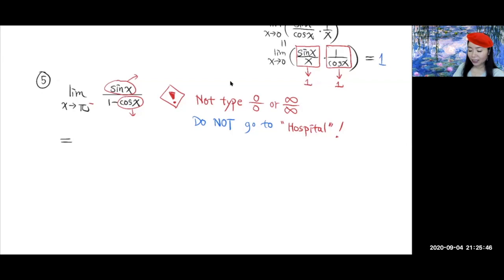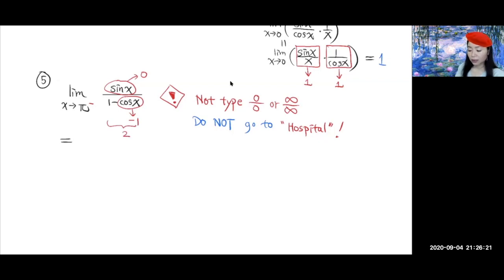What happens to the denominator? Cosine of pi is -1, so cosine x is going to approach -1 right here. 1 minus -1 is going to be 2. So that is equal to 2.